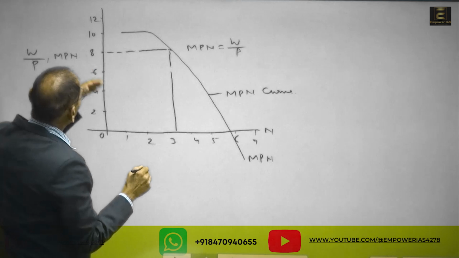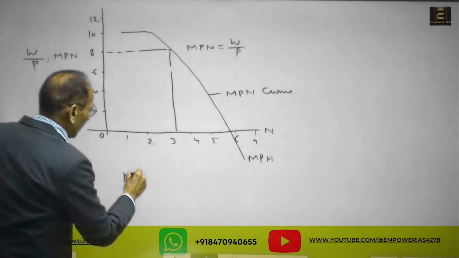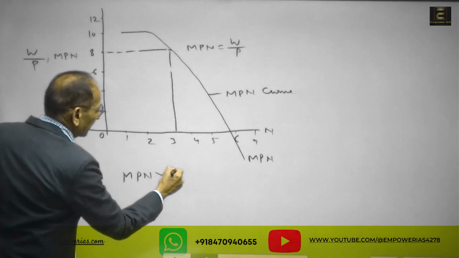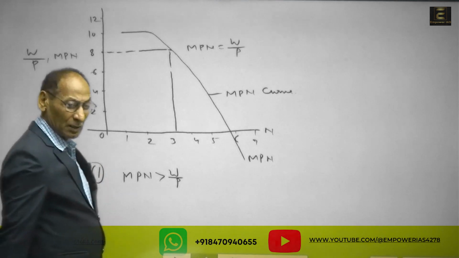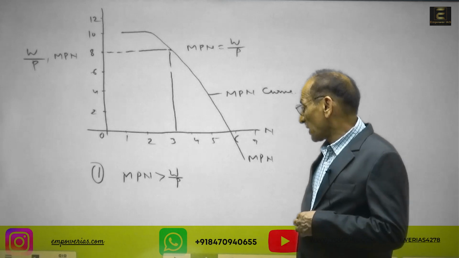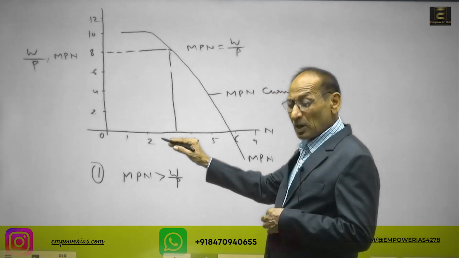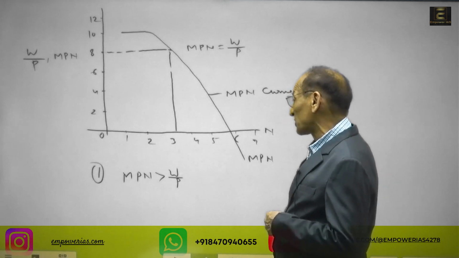There are two conditions. If marginal product of labor MPN is greater than W by P, the firm will increase the number of laborers, because the firm is not getting profit equal to the real wage rate.